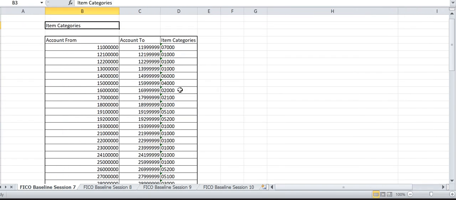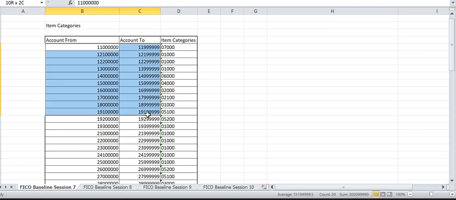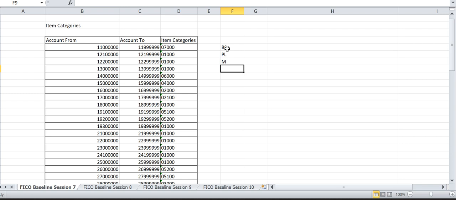Point number 1 is item categories. We will bifurcate our GL account ranges into different item categories. There are different item categories like balance sheet account, P&L account, material account, and others.